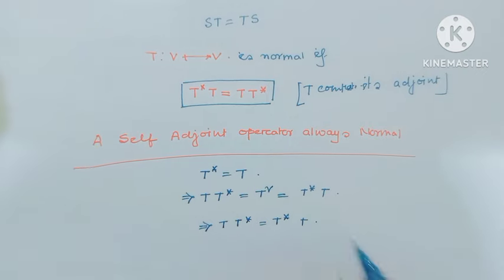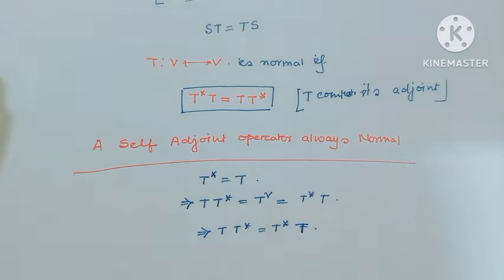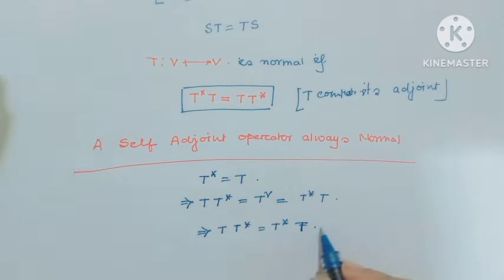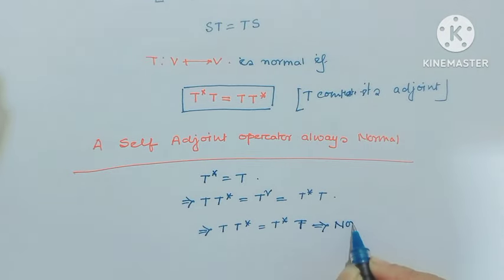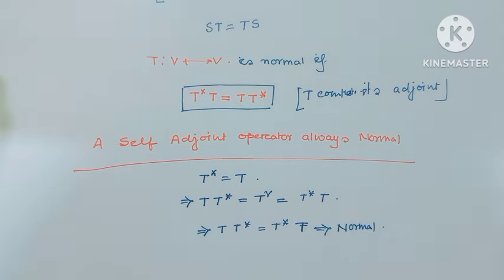So here T commutes with its adjoint. So a self-adjoint operator implies T is normal. So a self-adjoint operator is always normal.